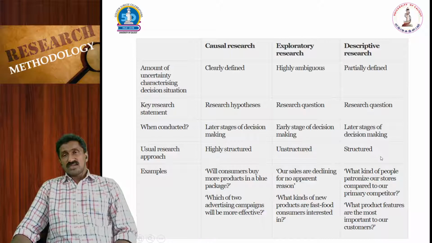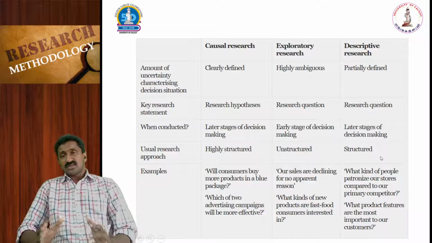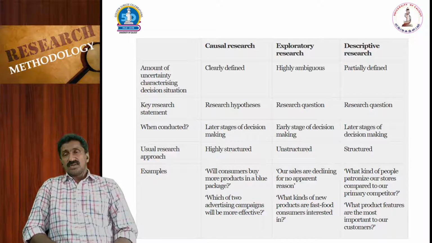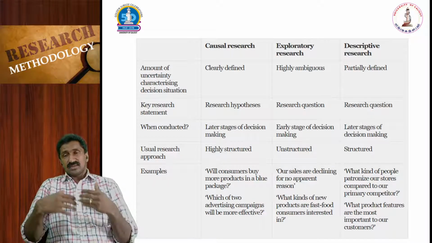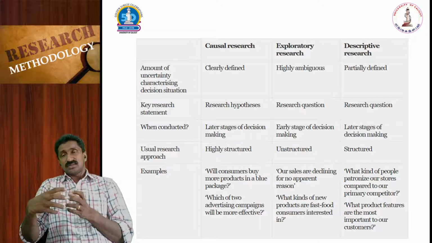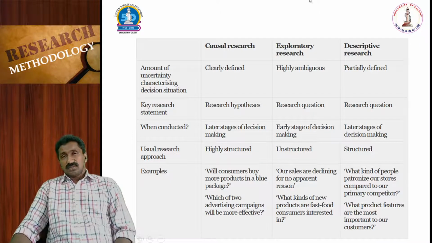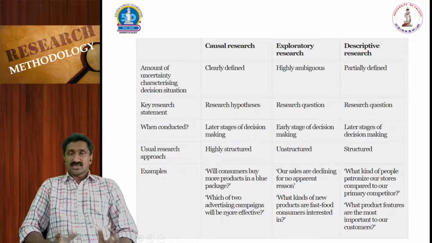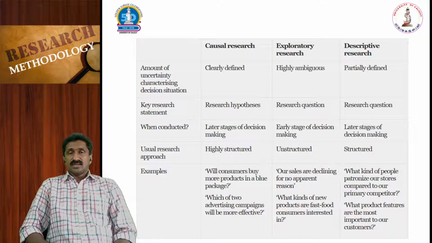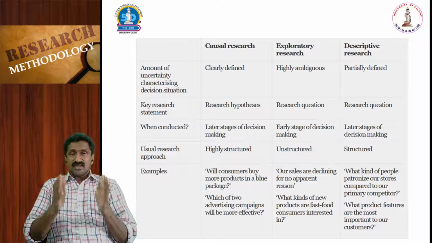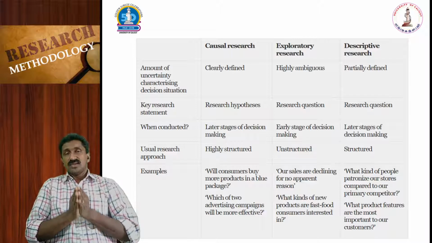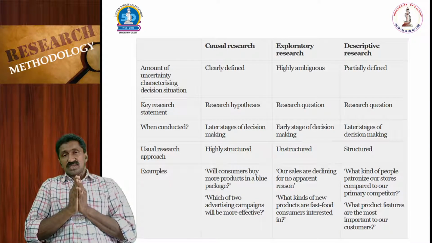Here you are trying to describe the nature of the customers or the people and try to reach a more generalized conclusion. But in causal research, a very specific answer is possible because we have a research hypothesis, and you can have clear-cut parameters which can be compared, and a highly structured way of decision making can be made.